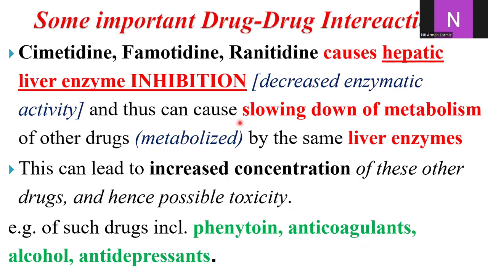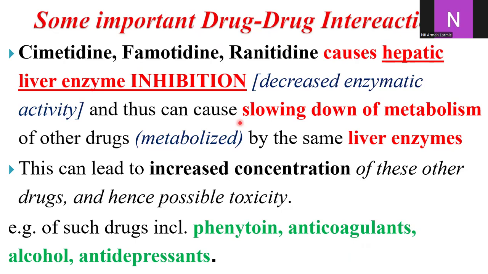And we also know that the cytochrome P450 enzymes do not work only on H2 receptor blockers, but on various drugs. So by inhibiting the activity of these liver enzymes, these H2 receptor blockers are able to slow down the activity of these enzymes.